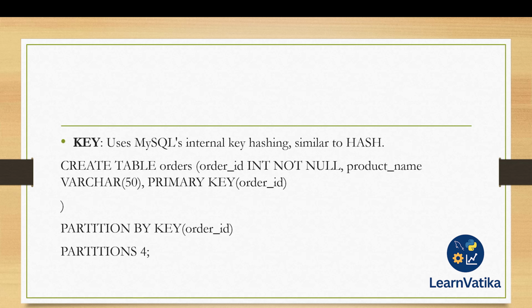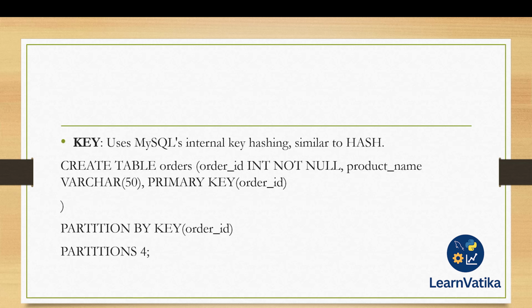Then we have key partitioning. This is similar to hash partitioning, but it uses the MySQL inbuilt key hashing function. In MySQL we have the key hashing function that we are using here to partition the table. It is similar to hash only.